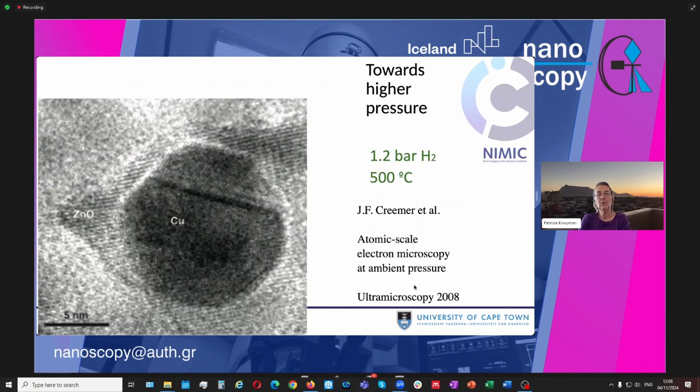Actually, Henny Zandbergen also made a system that could go up to 13 bar, but it's very difficult to find microscope owners that will allow you to use it in the microscope at that high pressure. So the commercial systems, most of them are limited to 1 bar.